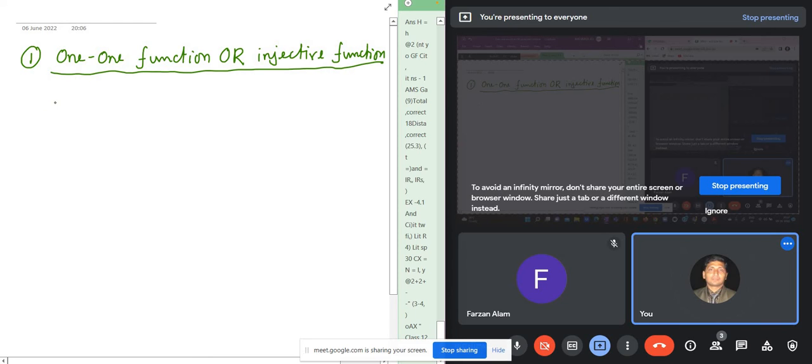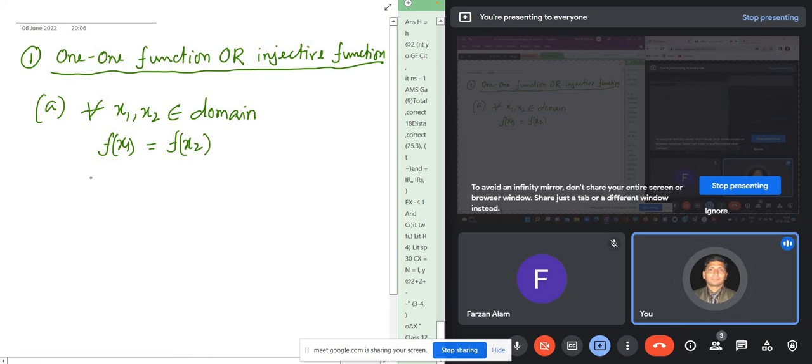Number one, suppose it is a 1, 1 function. So how you will write that pattern, I am showing you. Here you will use the symbol for all x1, x2 belongs to domain. After that you will write f(x1) equals f(x2).